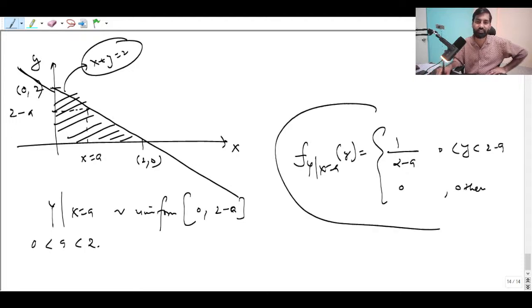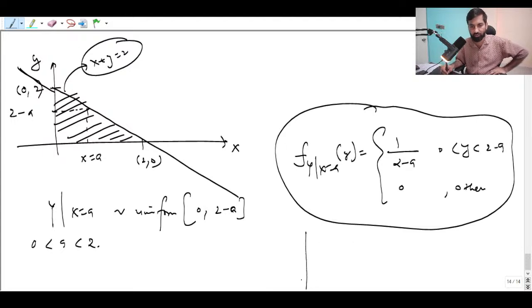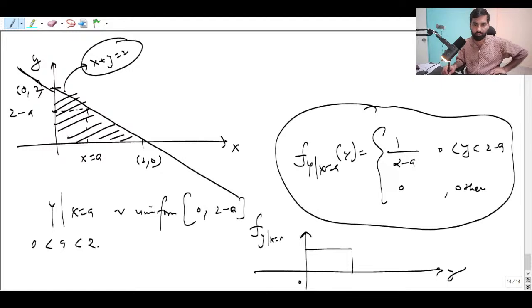This is the analytical formula for the conditional density function, and you can plot it. How to plot this? I think everybody knows. So 0, this is y only, x equal to a, 2 minus a. And we have to make sure that the area under the density function is 1.